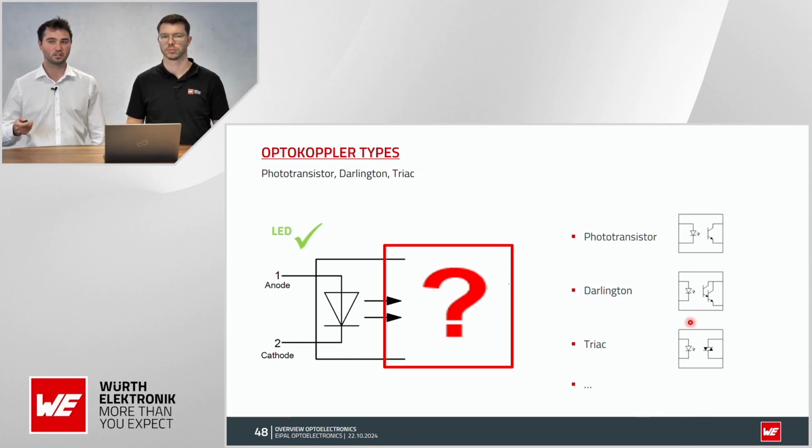It just has a different output, in such a way that it can switch much faster. When you use a phototransistor, it is always quite slow. It has switching times of something around 20 microseconds, so you're not able to have really fast switching.